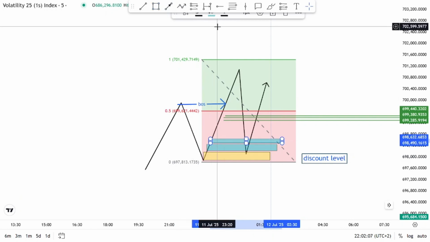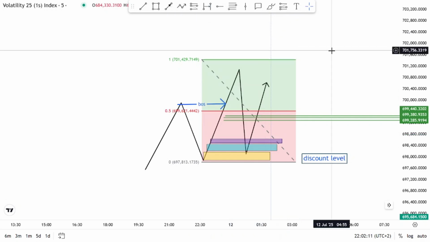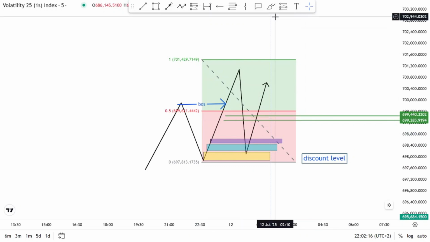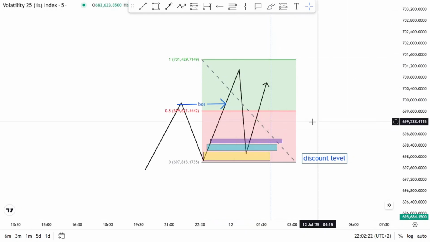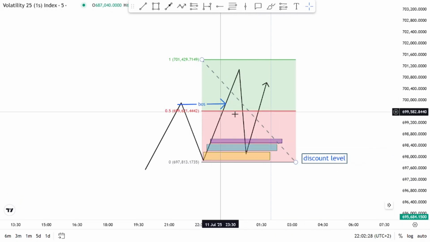This is where we find our point of interest, because the market would have already taken out all the stop losses. So this is where we buy at the discounted level, just below the 50%.